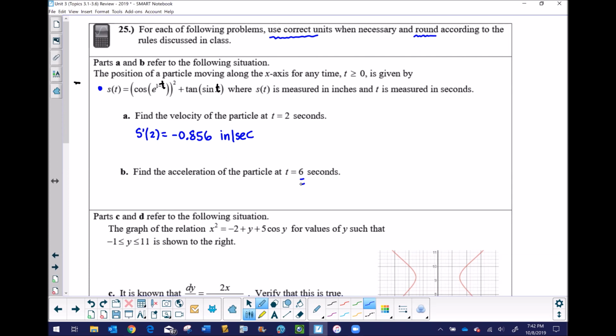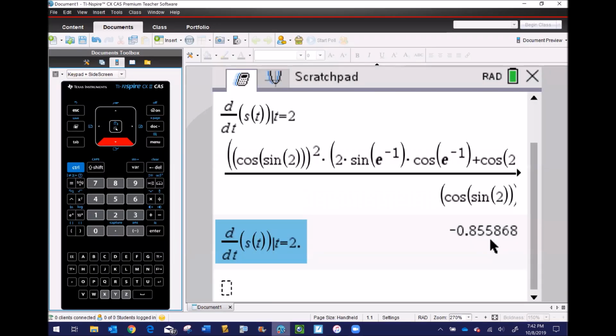So watch for that because it's easy to screw this up. In fact, I screwed this up on your answer key the first time. Mr. Menet caught me, but I evaluated the derivative at 2 again. Shame on me. So what are you going to do? Well, you're going to go back to the calculator, and you got a couple of options, guys.